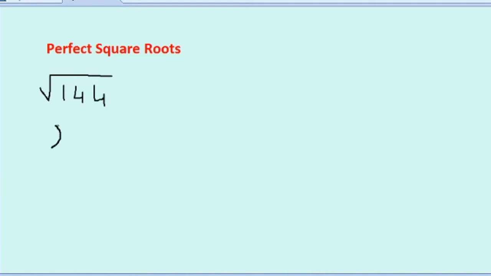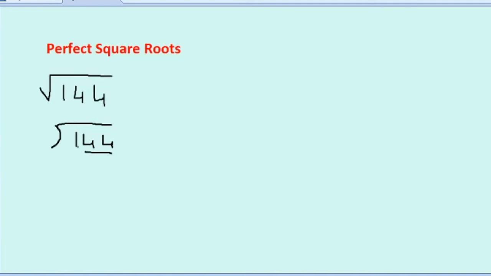So we write it in the form of division. Here we write 144. After writing this, we split these numbers in pairs of twos. First we take these two numbers, and the remaining is 1.